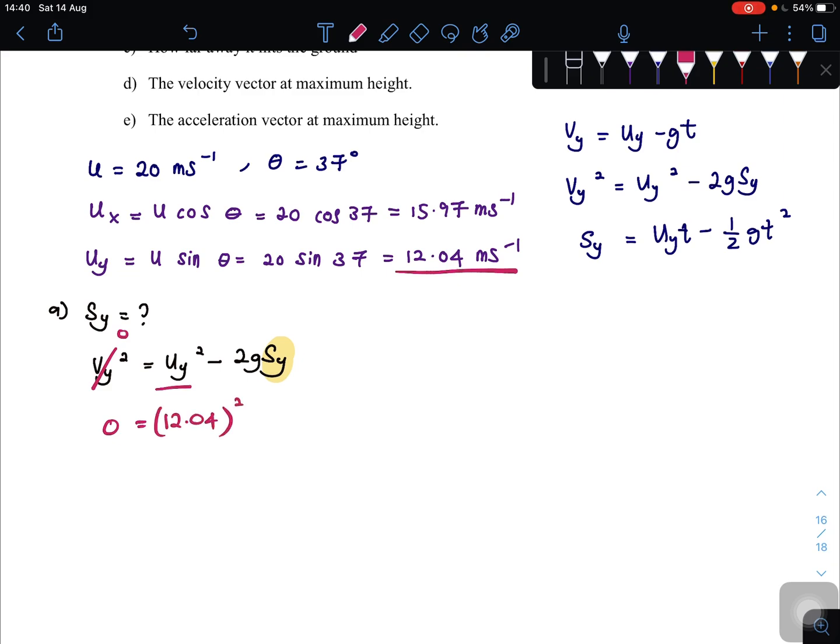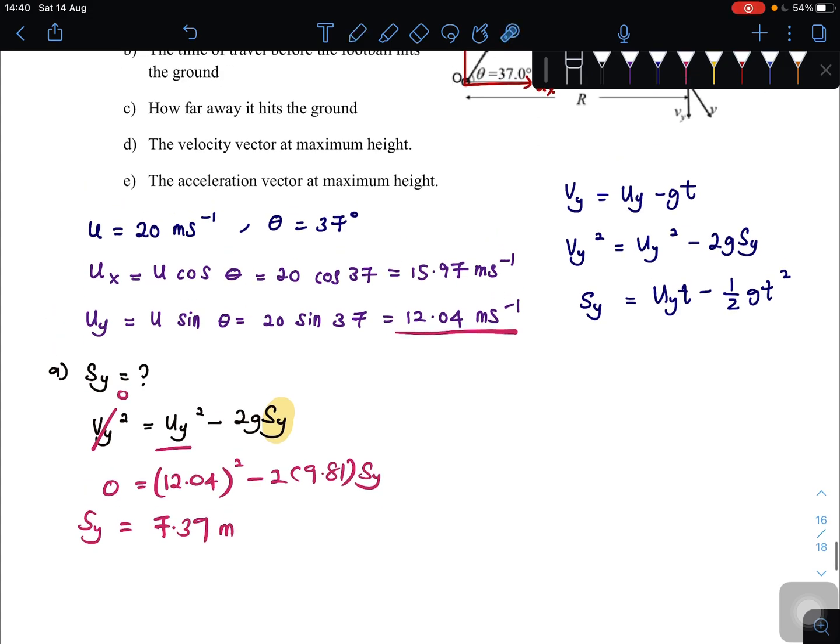Don't forget the squared. Minus 2g. G is just the value for gravity. And then sy. So sy is equal to 7.39 meter. Okay, so that's the first one.